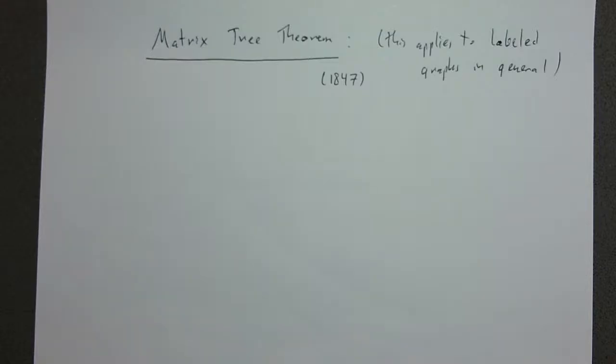Anyway, this basically brings a relationship between spanning trees and matrices. Before I state the theorem, I'm going to have to define some matrices that have pretty straightforward definitions. Just by me telling you the name of them, you're probably going to be able to come up with what these matrices actually are.